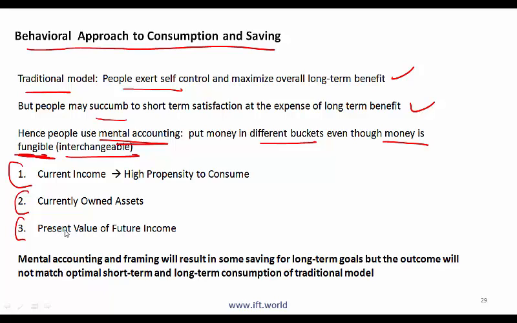For most people, they are more likely to spend from the income that they get. So the propensity to consume from your current income, from your regular income, is much higher than the propensity to consume your assets. So if you have some savings, which are your assets, you are less likely to consume that relative to your regular income.